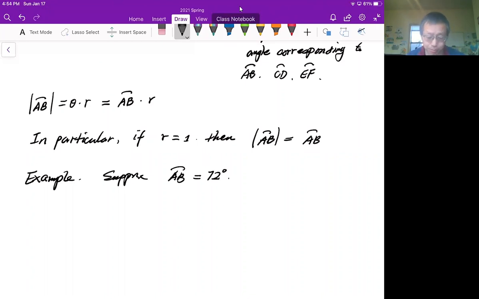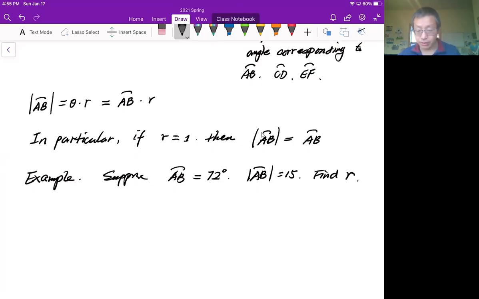Most of my problems are in terms of the degree measure, and later all of the geometry problems are in degrees. The radian measure, I just want you to understand because later on when you work in calculus, this will become the major measure. Okay, so the arc length is equal to 15, and I want to find the radius r. That should be easy.